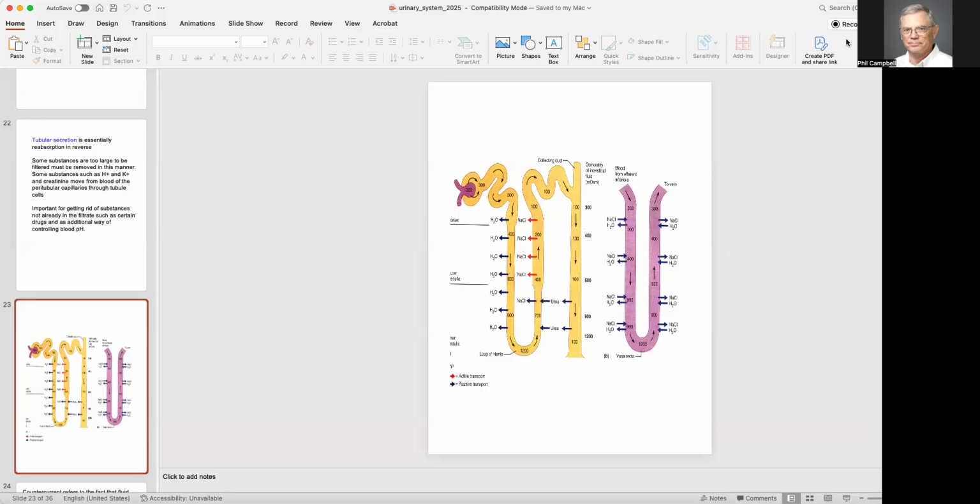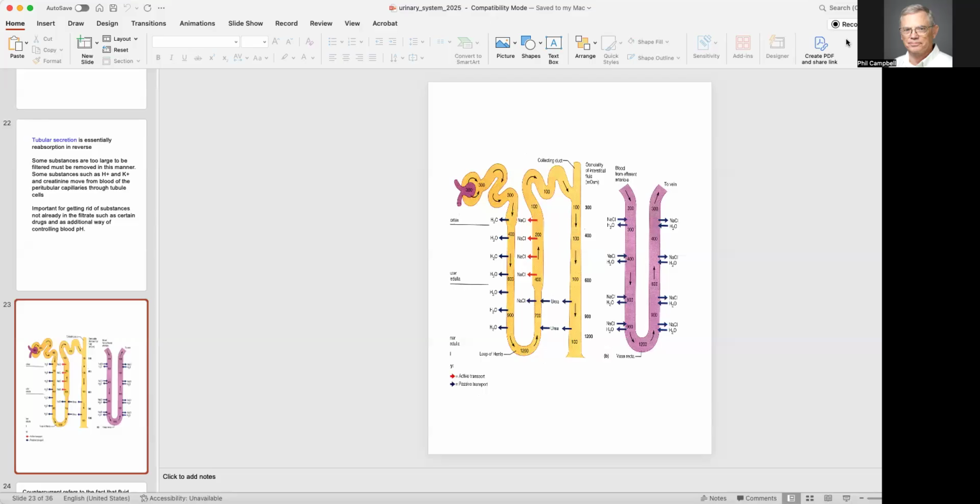The next thing I want you to look at is the osmolarities within the medullary space. Remember, here's your cortex from here up. Down here is the medullary space. As you go deeper into the medullary space, the osmolarity of the interstitial fluid goes up.